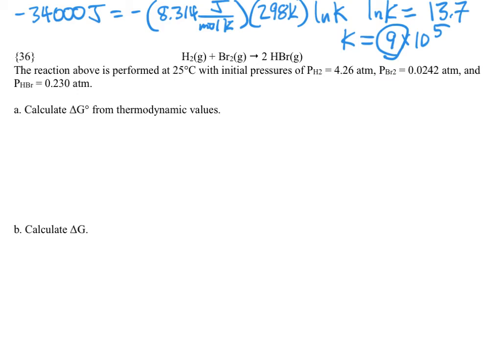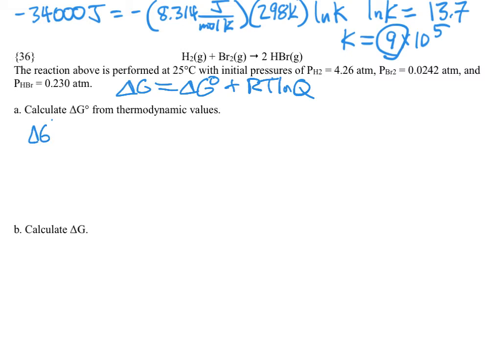So this is going to require us to use that delta G equation that was shown on the previous page: the non-standard delta G is equal to the standard delta G0 plus the RT ln(Q) term.